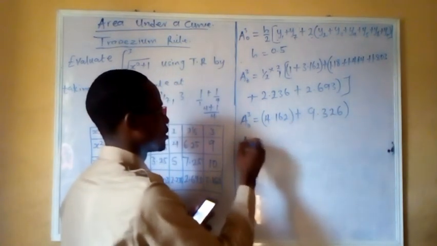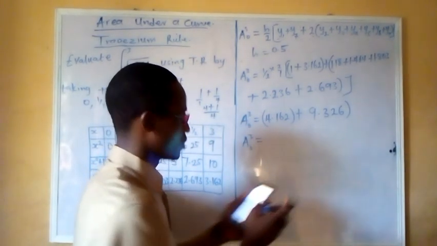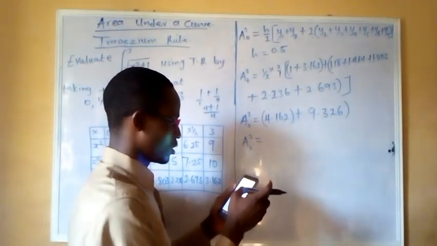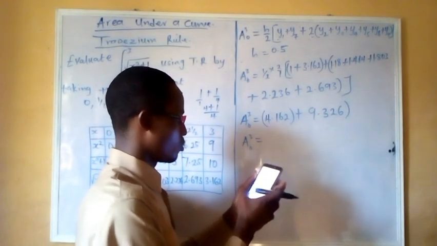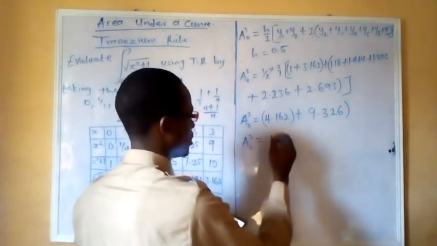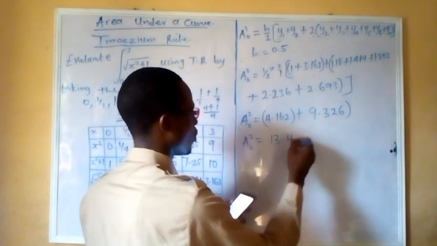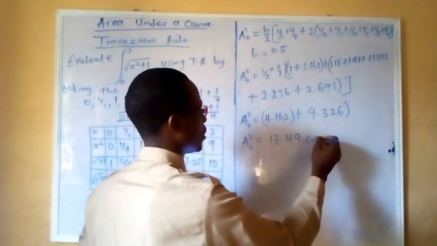Adding all together with 4.162 gives 13.49 in 2 decimal places, cubic meters.